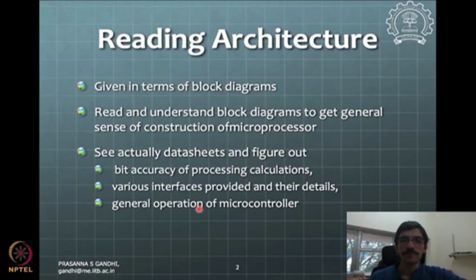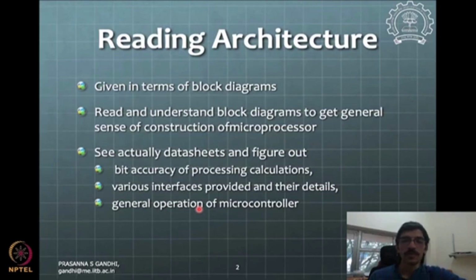Okay, so some of the basic understanding of how the commands are executed in a microprocessor or computer or microcontroller. There are similar ways the commands are executed. Okay, so that we will see based on the architecture and the block diagrams.